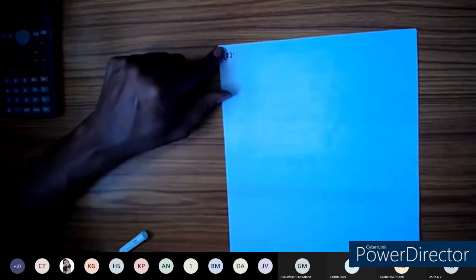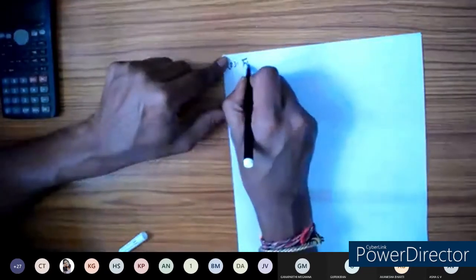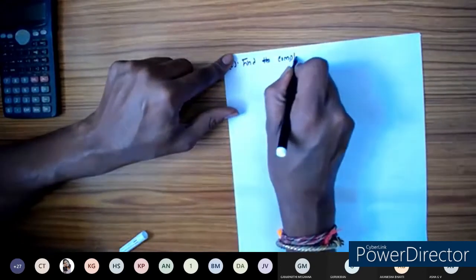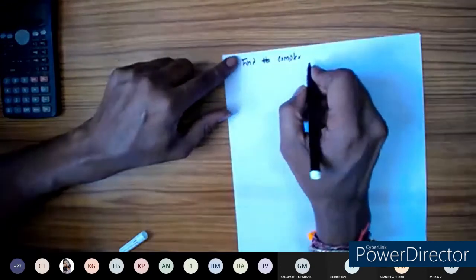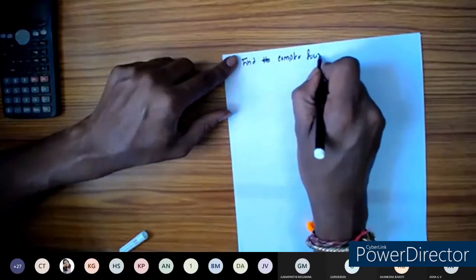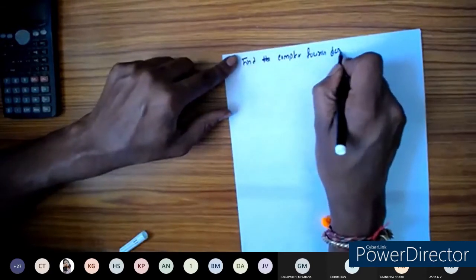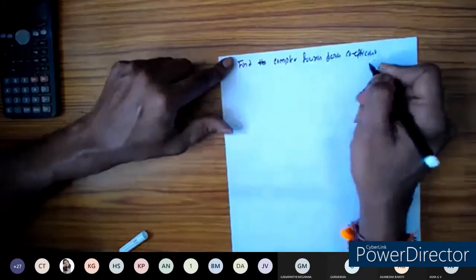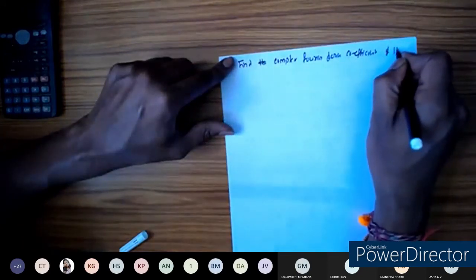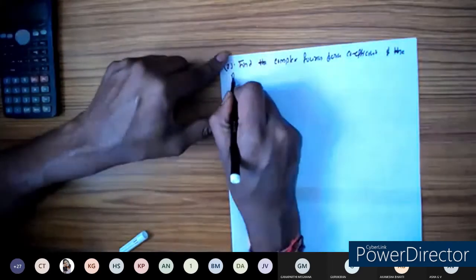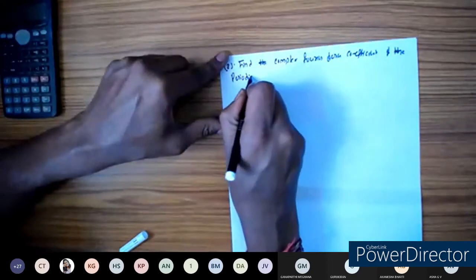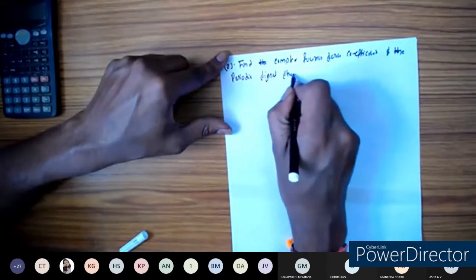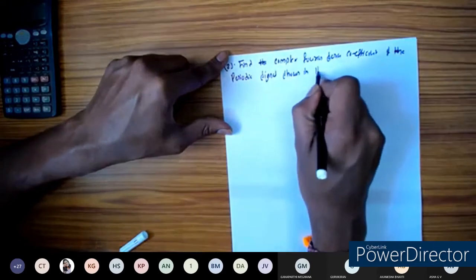Okay, fine. So take, find the complex Fourier series coefficient of the periodic signal shown in the figure below.